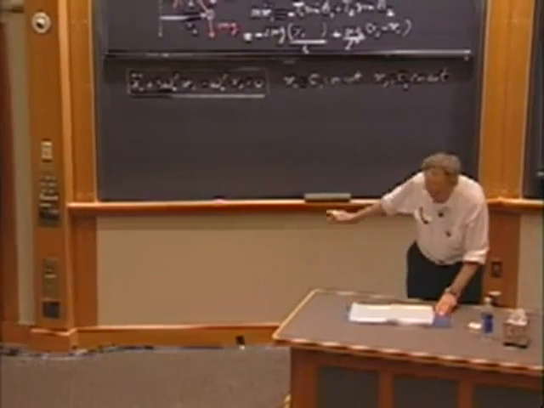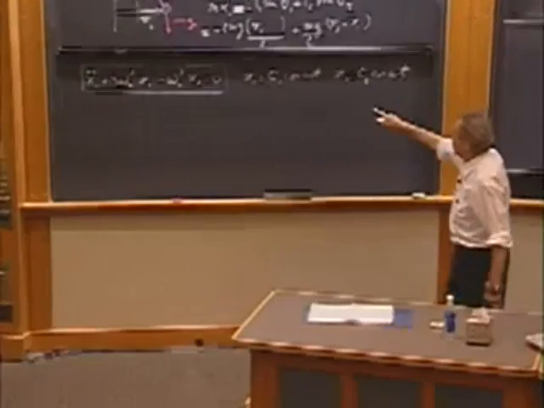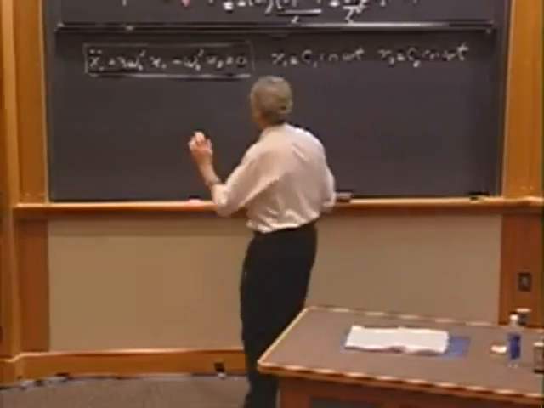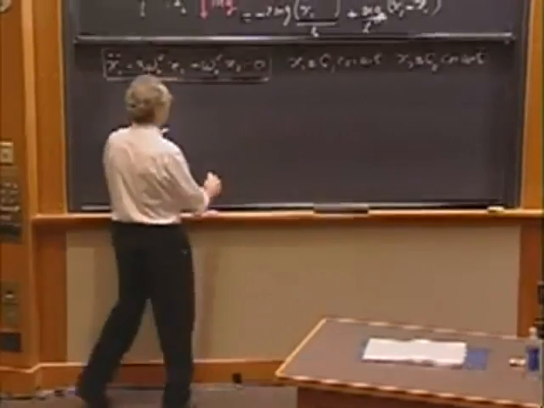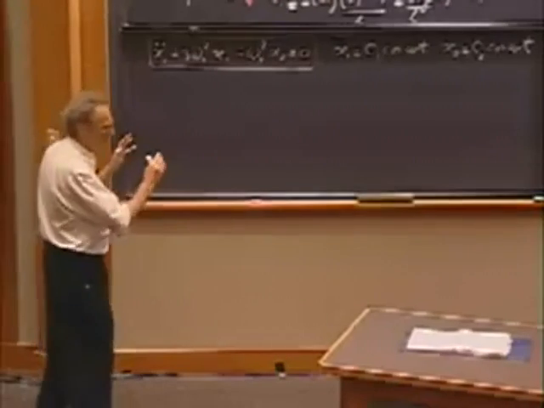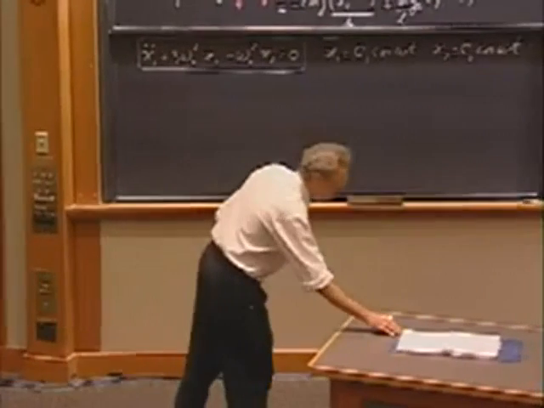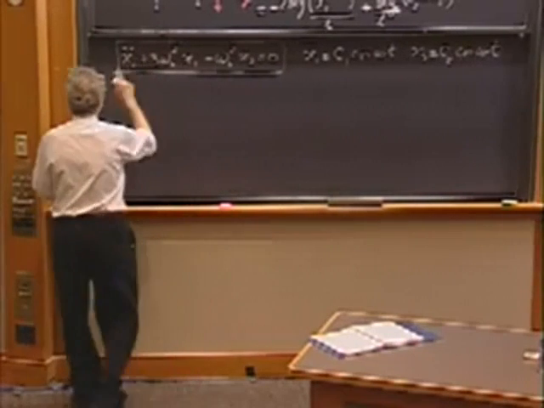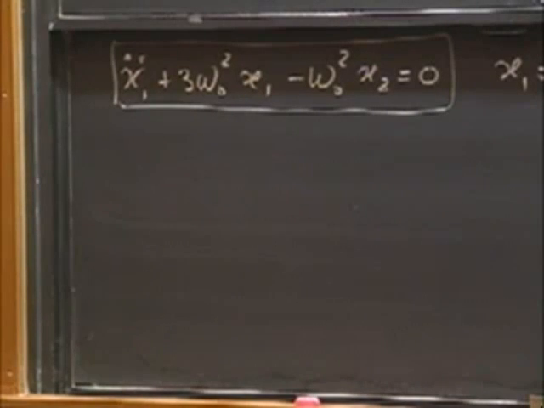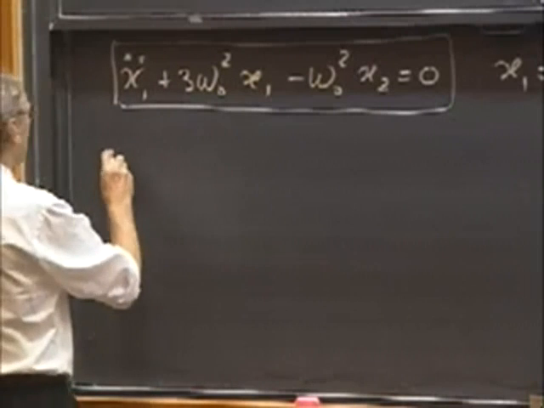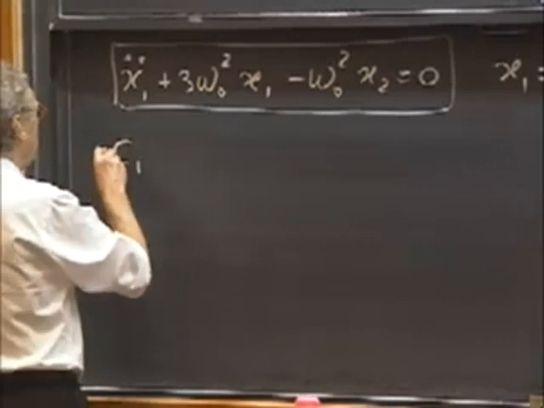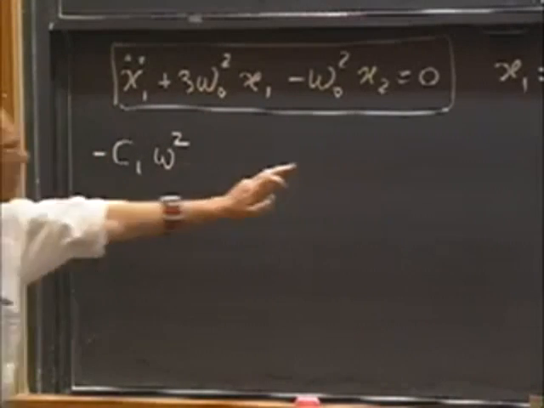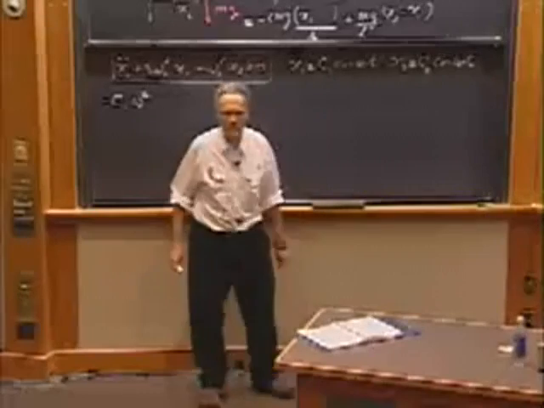So now we're going to substitute this solution in these two differential equations, and I'm going to write it down in a form where I put the C1s to the left and the C2s to the right. I'm first going to this one, that is my object number 1. I take the second derivative, so I get C1 times minus omega squared.